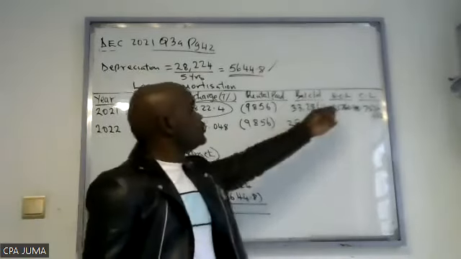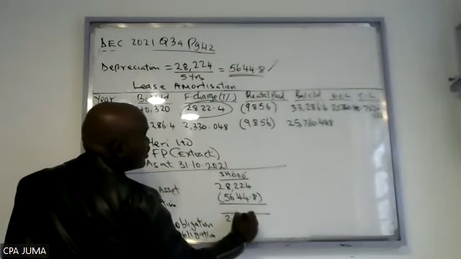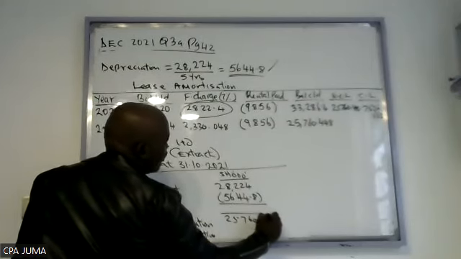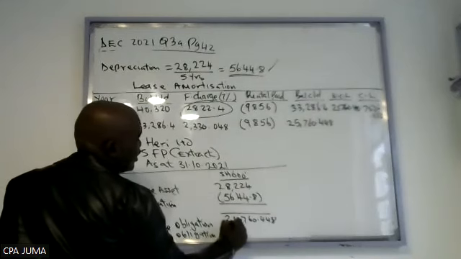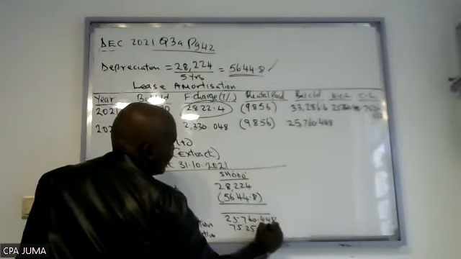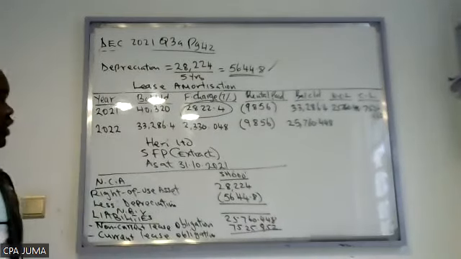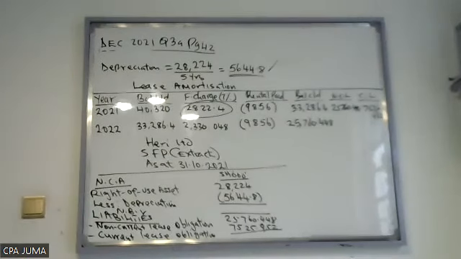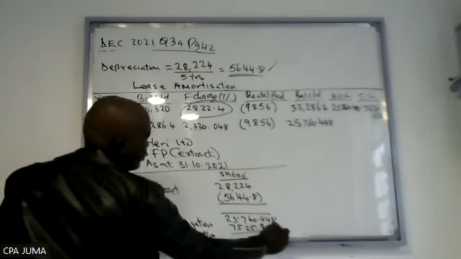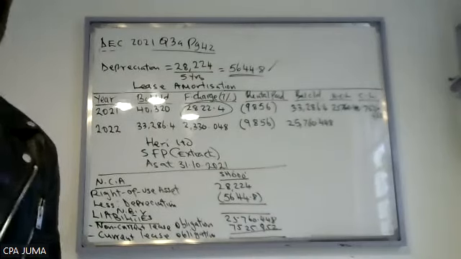All are here. So 25,760.448. This other one is 7,525.952. Total is 33,286.4. So you can add. Don't ask why it doesn't balance, it can't balance, there is no equity. So just ends there.